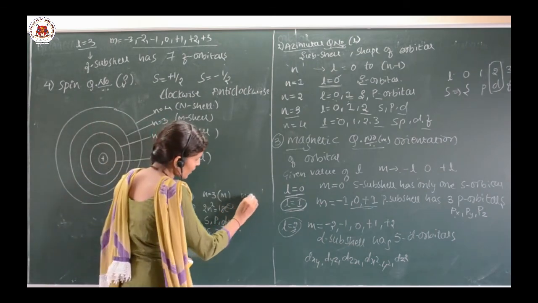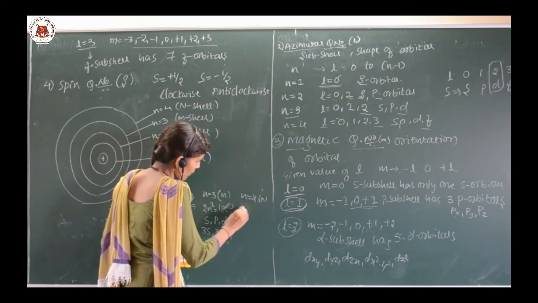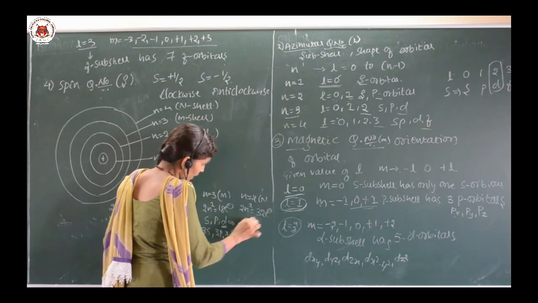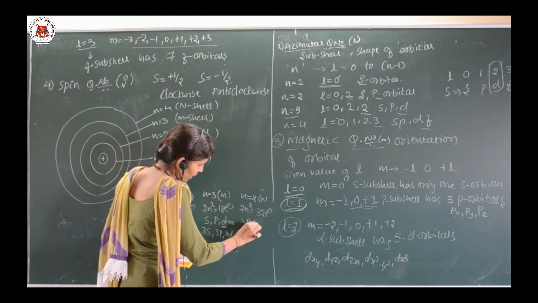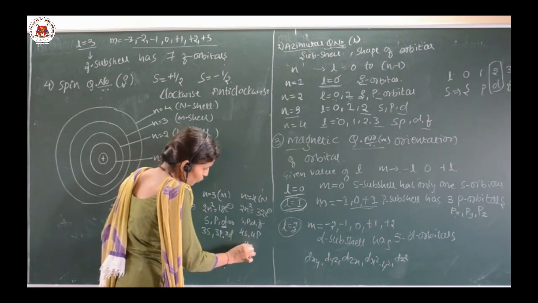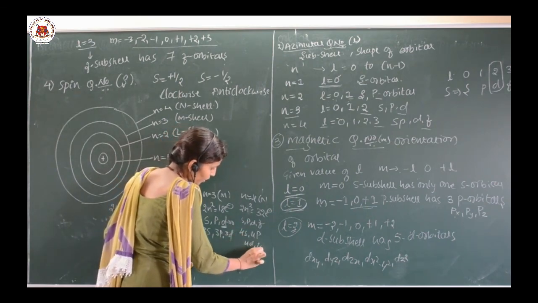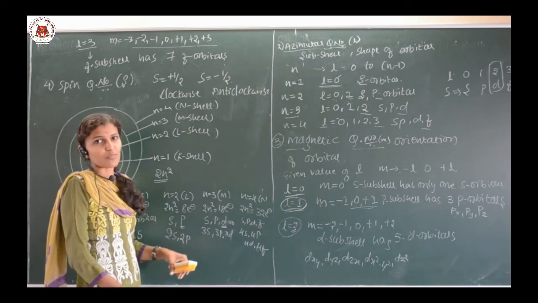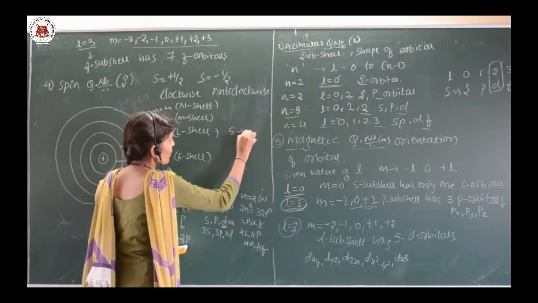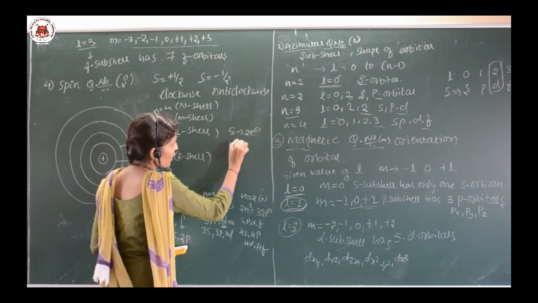Finally, when n is equal to 4, 2n square gives 32 electrons, that will be S, P, D, F, that is 4s, 4p, 4d and 4f, and the capacity of F is 14 electrons.